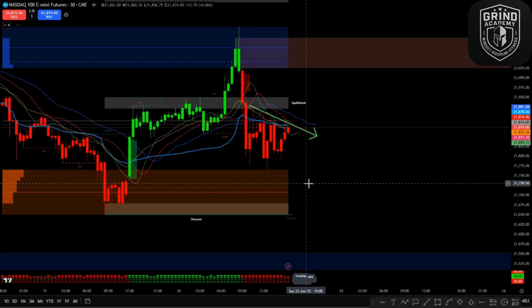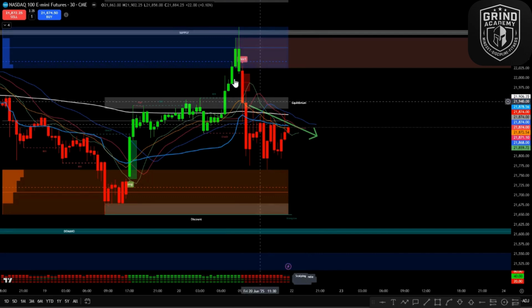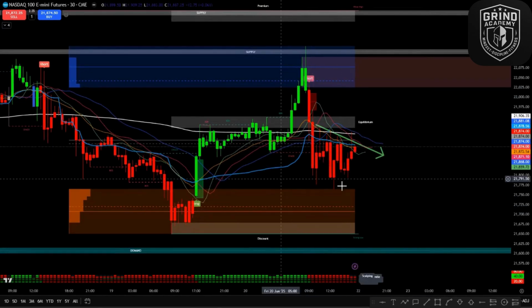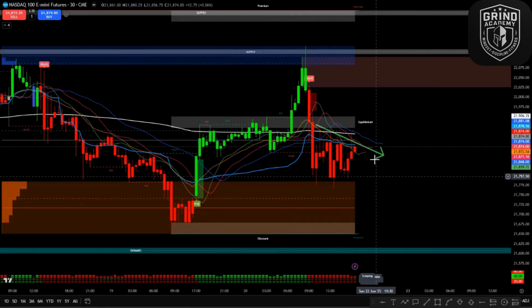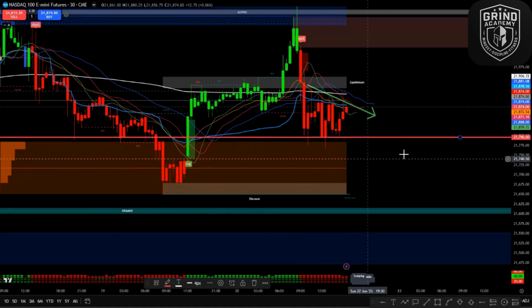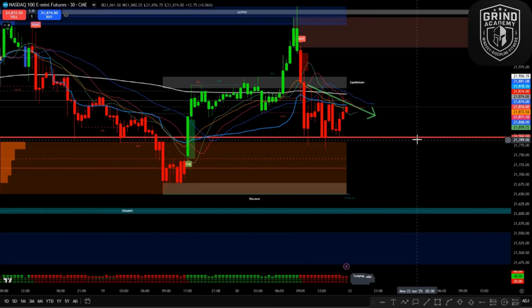30 minute. As you can see, it's clear that price is wanting to go lower. But as you can see as well, we had rejection here off of this area, so we will have to break below here to continue lower.